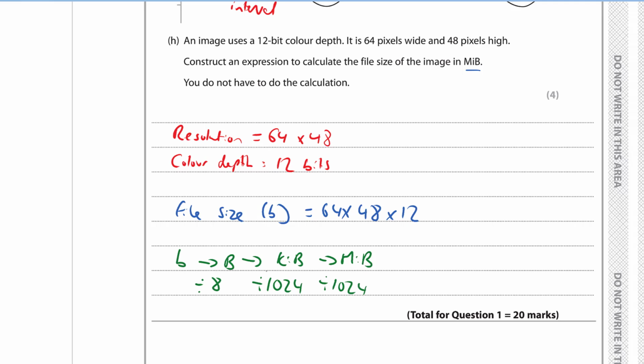So really, I can just stick this in a big expression and put it as my final answer. So it's going to be 64 times 48 times 12 divided by 8, and then to do divided by 1024 squared, I could just do times 1024 squared. That's the same as dividing both individually. And then I would say this is file size in megabytes.